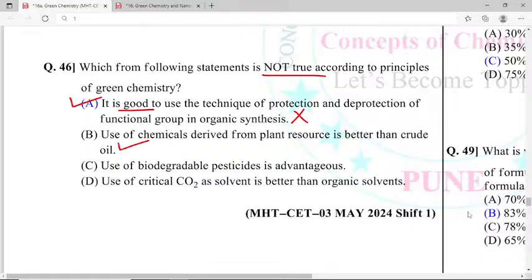Yes, it is correct. Use of biodegradable pesticides is advantageous. Yes, it is correct. Use of supercritical CO2 as solvent is better than organic solvent. Yes, it is correct. So the not true statement is that it is good to use protection and deprotection of functional groups in organic synthesis.